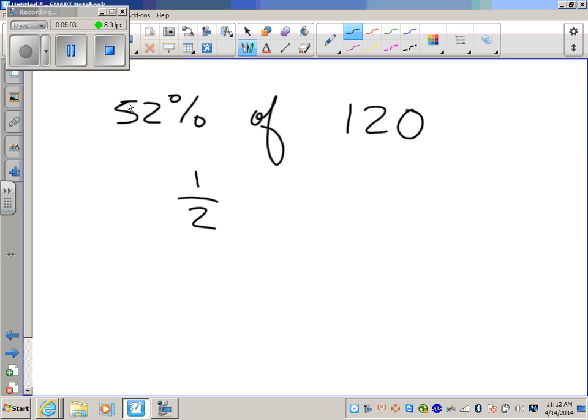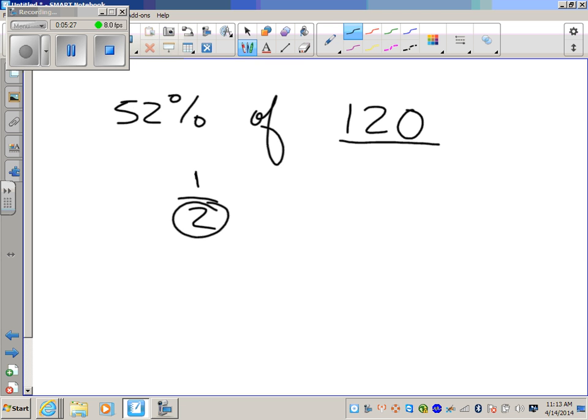Here's the next thing I need to look at. What number closest to 120 is divisible by 2? Is 120 divisible by 2? Yes. What is 120 divided by 2? 60.